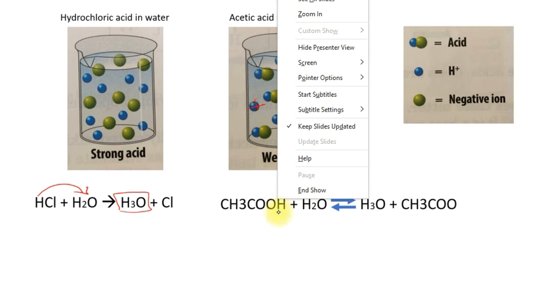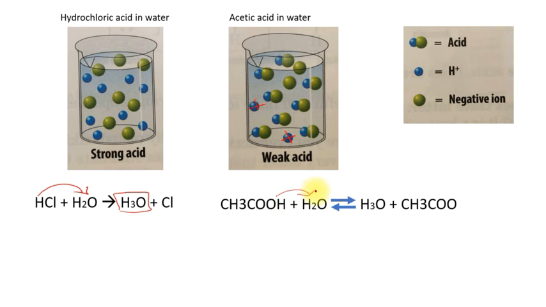One of these does get donated, but these arrows here indicate that the reaction can happen. I'm misspelling it. Let's erase that too. The reaction is happening in both directions.